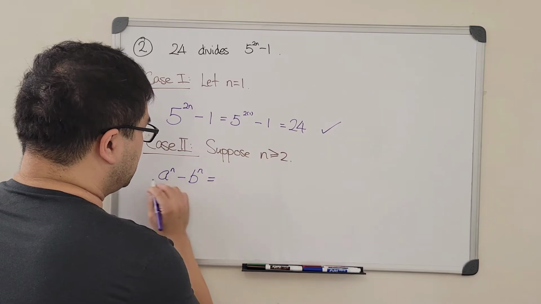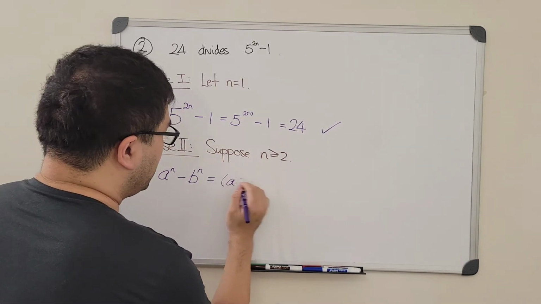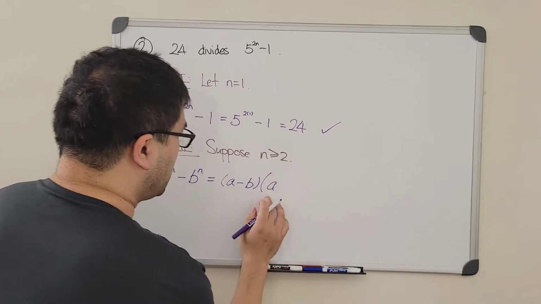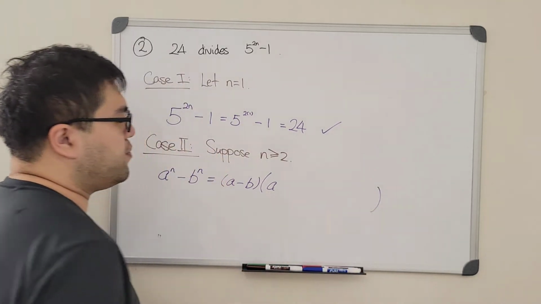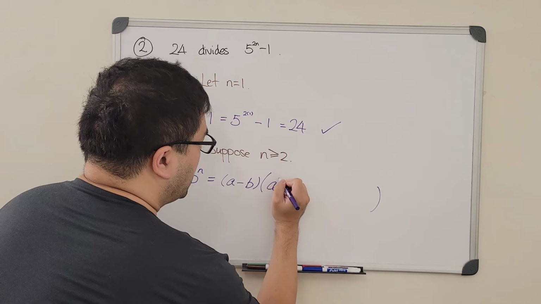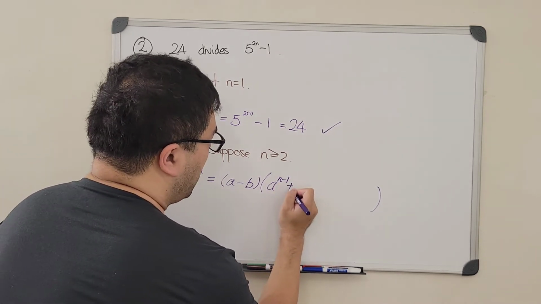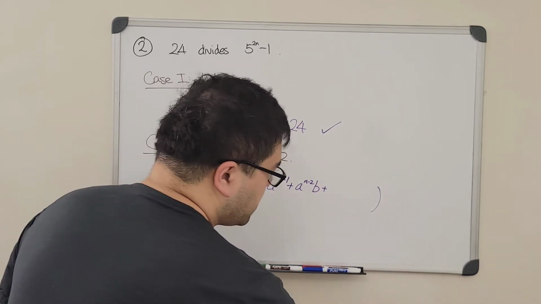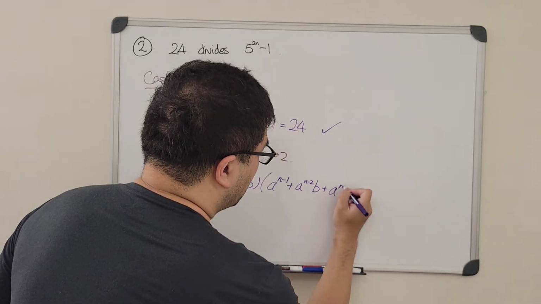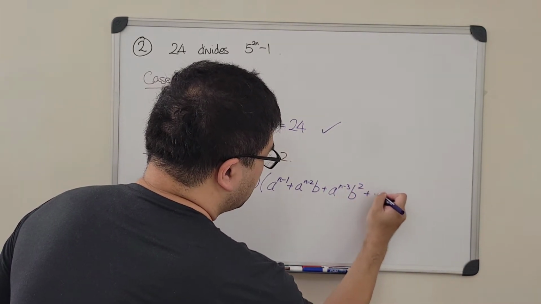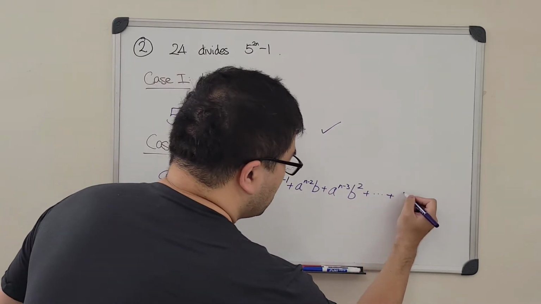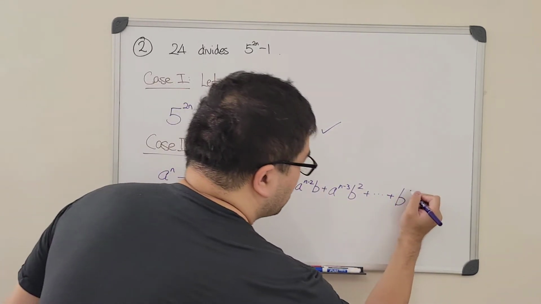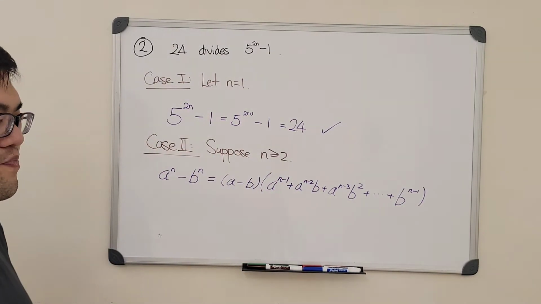Then what we will get is this, we can factor out into a minus b times the other part of the polynomial, which is a to the n minus first power plus a to the n minus second power times b plus a to the n minus third power b squared plus all the way down to the last term, which only contains b, and we see that the power has to be one less than n, which is b to the n minus first power, like this.